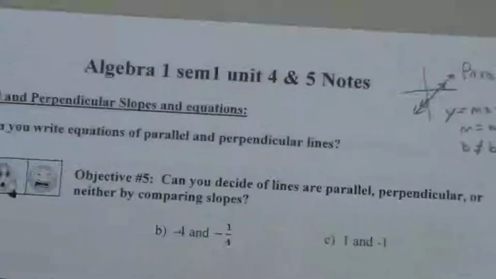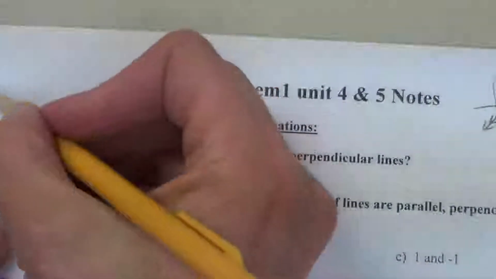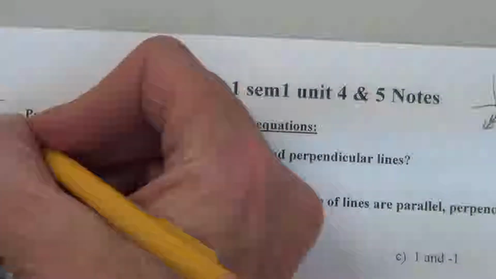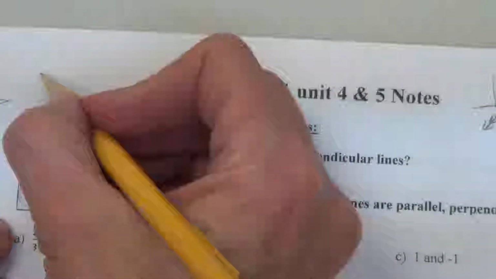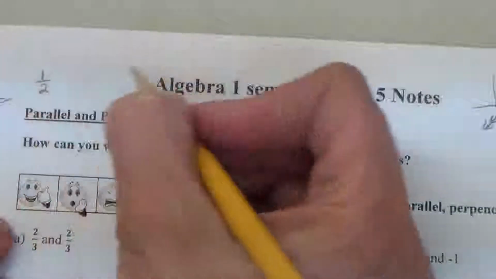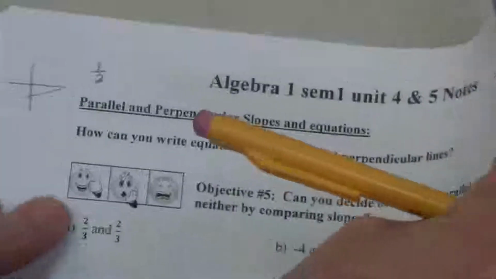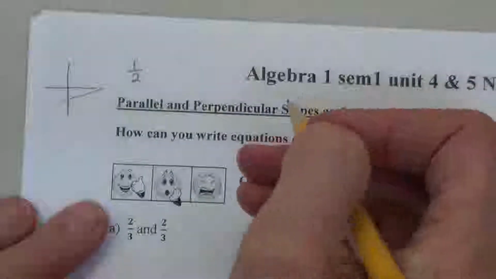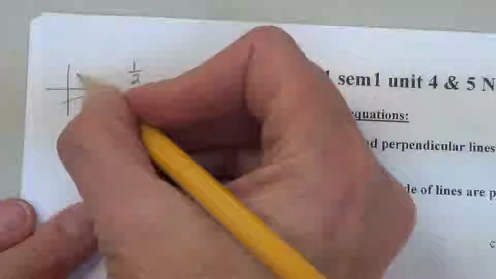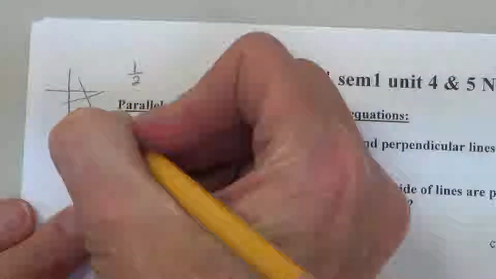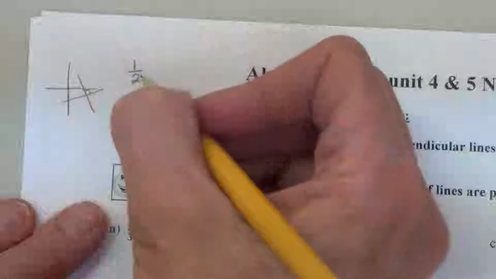Okay, now if we look at a line that's perpendicular, let's say that we have a slope of -1/2. So it rises 1 and runs 2. That would be the slope. A perpendicular line will come in and form a right angle with that.